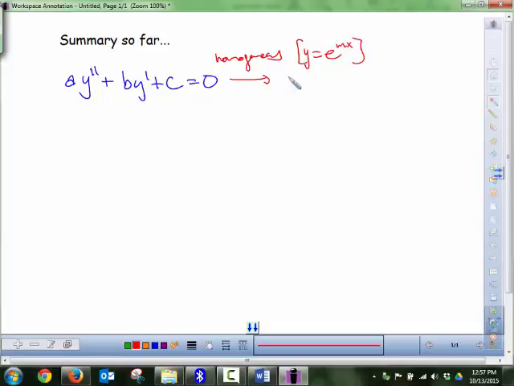And then your auxiliary equation is taken directly from here: a m squared plus bm plus c equal to 0. And then from here you get three possibilities. You got two distinct real roots, one repeated root, or complex conjugates, and then your solutions are going to be based on that.